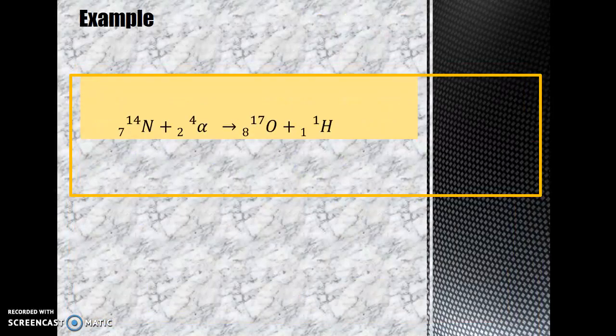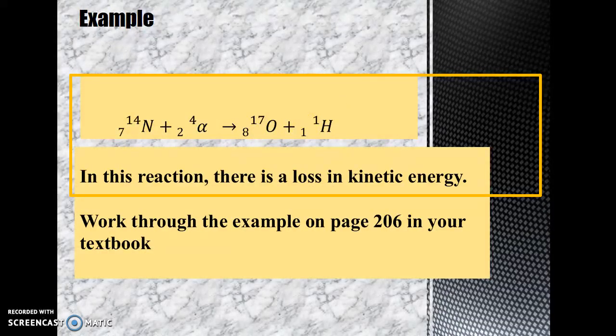For example, Rutherford observed that when he placed an alpha source inside a container of nitrogen gas, it produced oxygen and hydrogen.